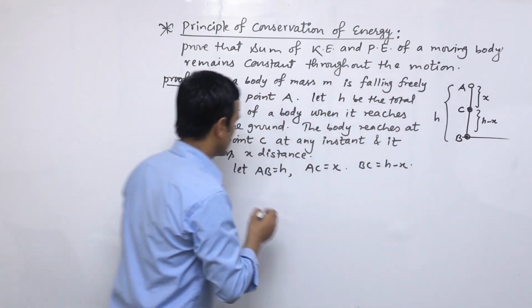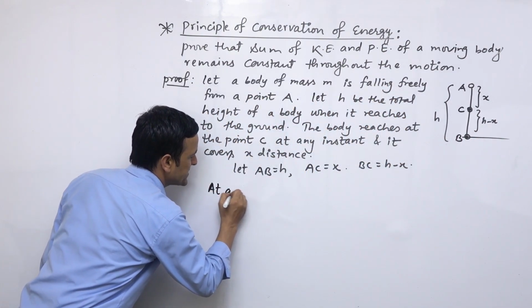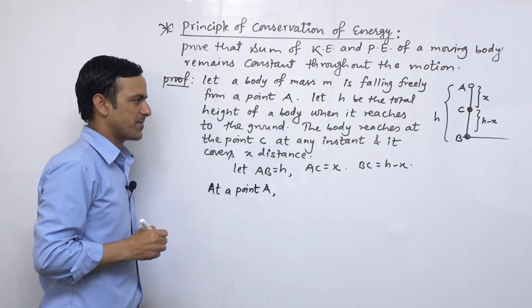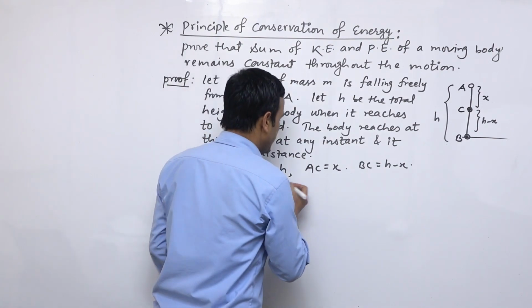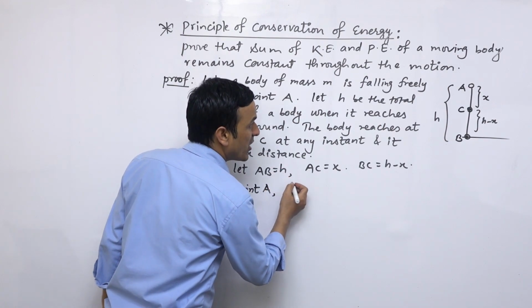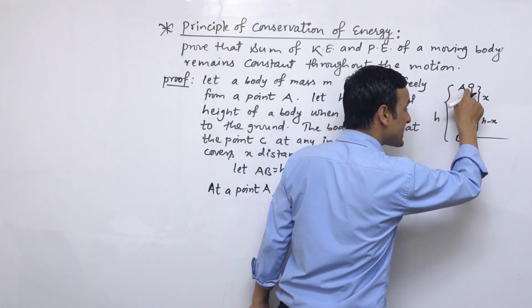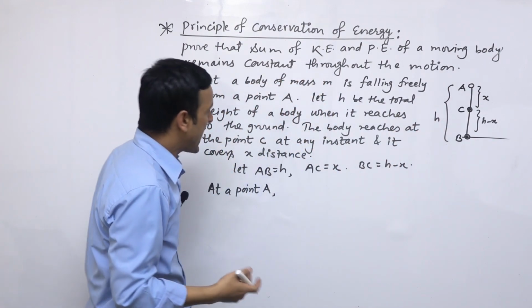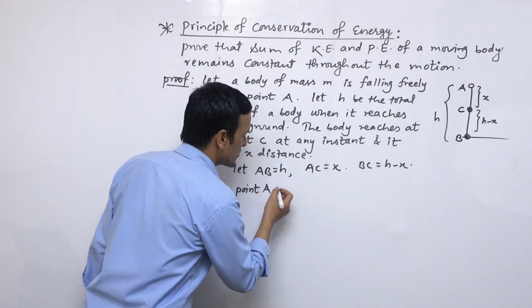So now let's study that object at this point, and this point. At point A, what happens? Now kinetic energy. We can find out the kinetic energy of the same body at this point, and similarly potential energy also.